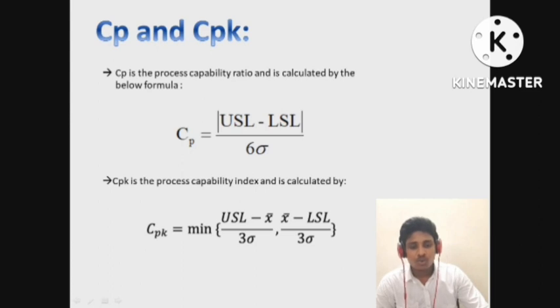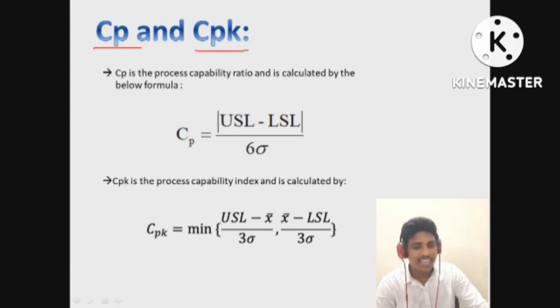There are two parameters which we can use to find the process capability. They are CP and CPK. These are the two through which we can find the capability of the process. CP is the process capability ratio and is calculated by CP equals USL minus LSL divided by 6 sigma.